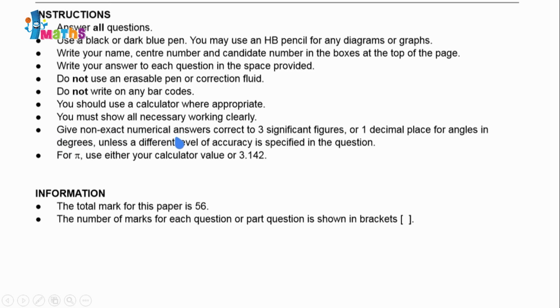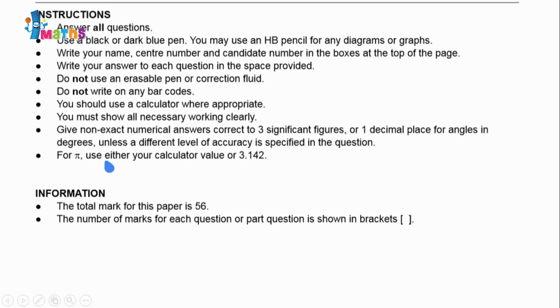Give non-exact numerical answers correct to 3 significant figures, or 1 decimal place for angles in degrees, unless a different level of accuracy is specified in the question. This is an important instruction, you will have to follow this.